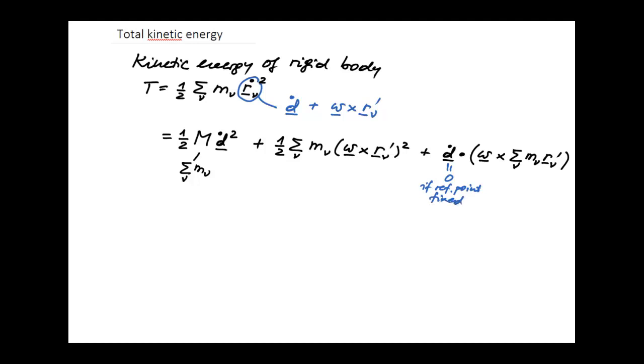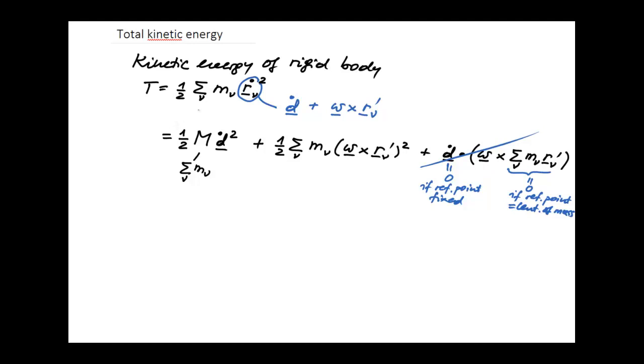In the other scenario, where the reference point coincides with the center of mass, in that case, this sum is equal to 0. This is 0 if the reference point is the center of mass. So whatever scenario we have, this last term vanishes. So we are left with the first two terms.